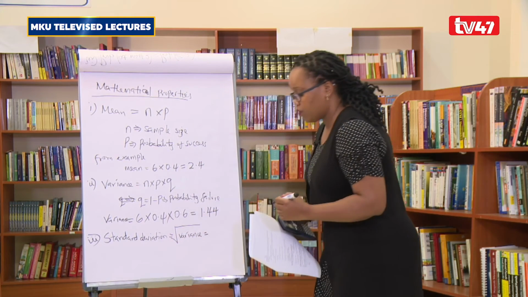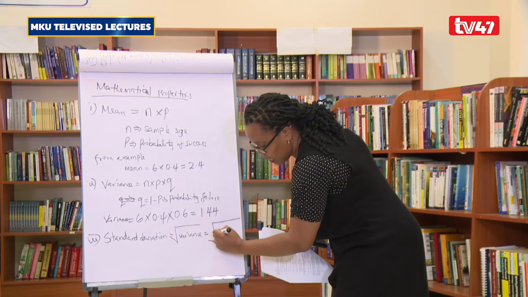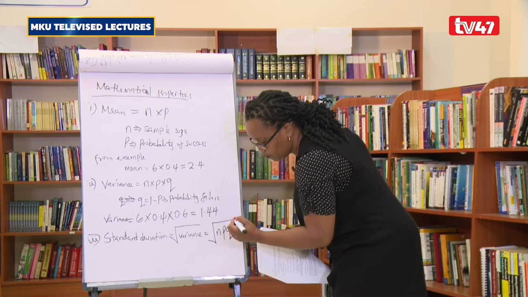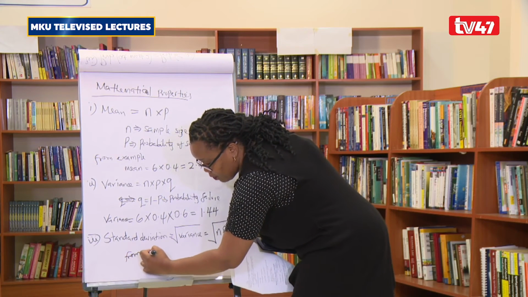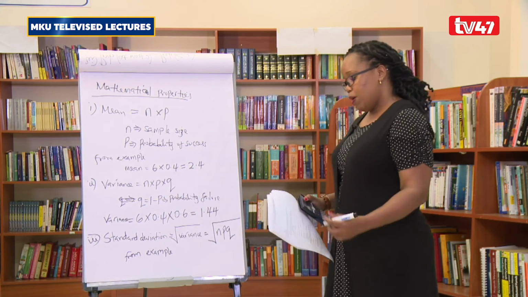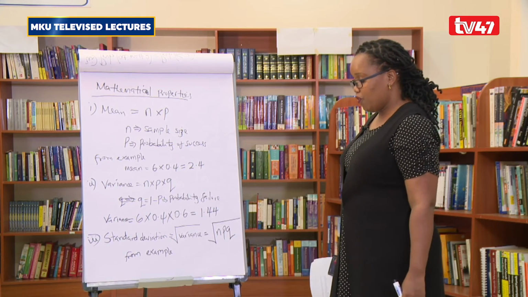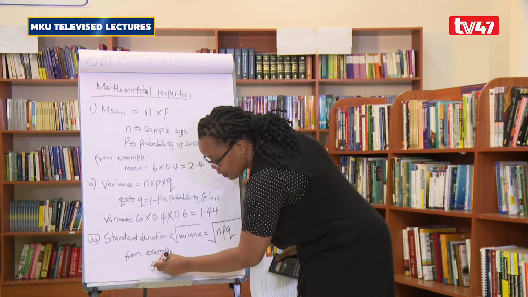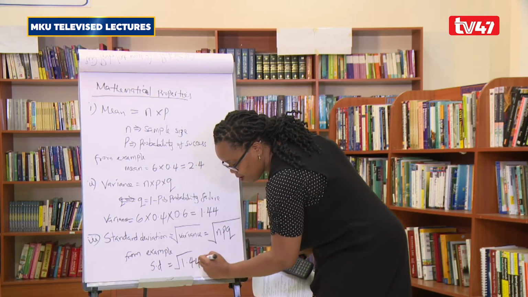That's perfect for us because we know variance in this case is n, p, q, which from the example we are able to calculate. We already have the variance, 1.44. So standard deviation, our SD, will be the square root of 1.44, and we are home.